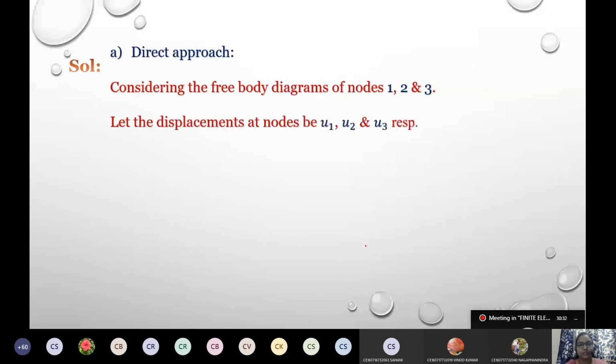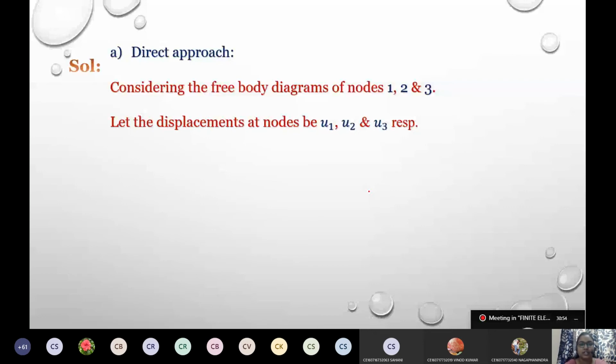All right. Now, let us consider that the displacements at the individual nodes be u1, u2, u3 respectively. That is, for node 1 it is u1, node 2 it is u2, and node 3 it is u3. All right. See, in whatever way the solution is given to you, it would be better you learn it in this way only.